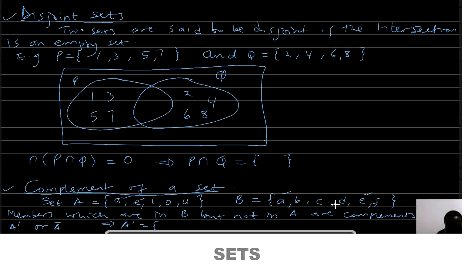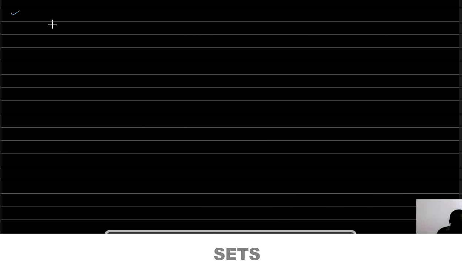C is in set B. That means C is a complement of A. It is in B, but not in A. Here I have B. B is not in A, so therefore B is a complement of A. So all these elements are the complements of set A. They are not in set A. And in A complement, the number of elements, if you count the elements which are there, is 4.